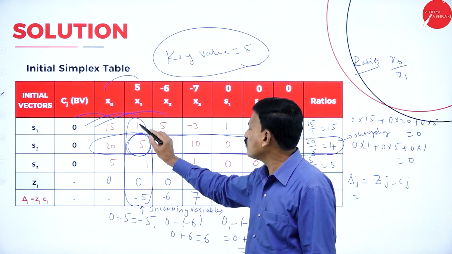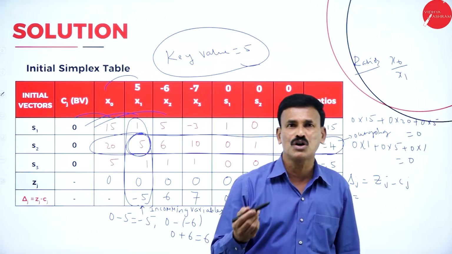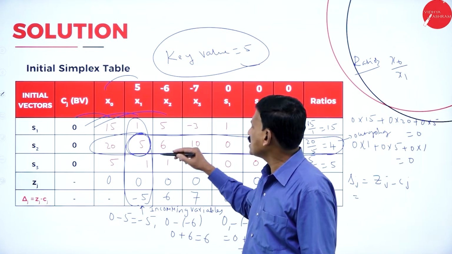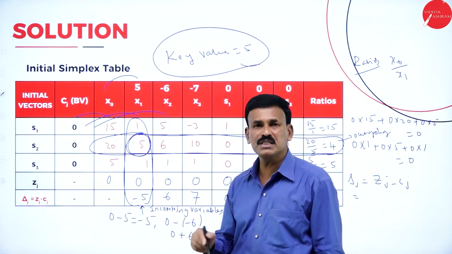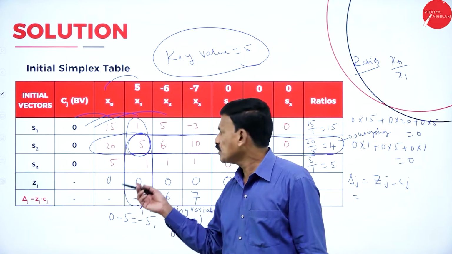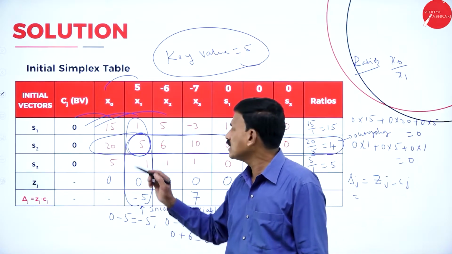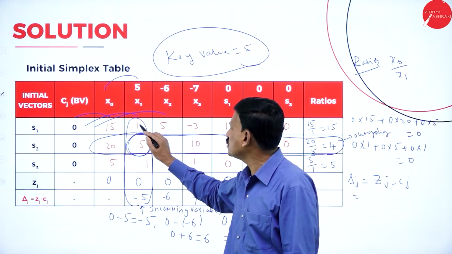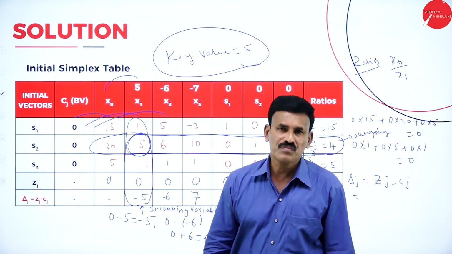Since these are 1 and 1, you can easily convert them by using elementary row operations like R1 minus R2, R1 minus R3 or R2 minus R1. Depending upon the elements, we can use the row operation to convert the R1 element of this key column to 0 and the R3 element to 0.